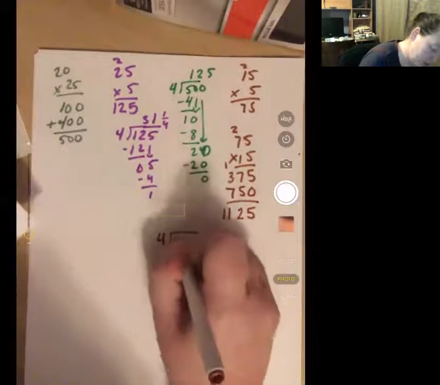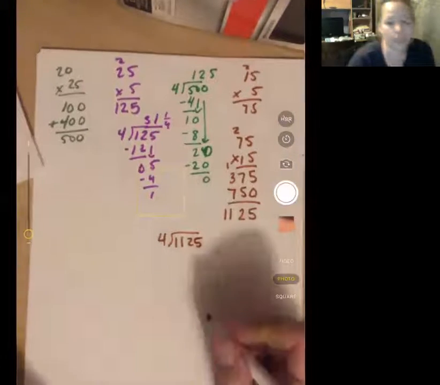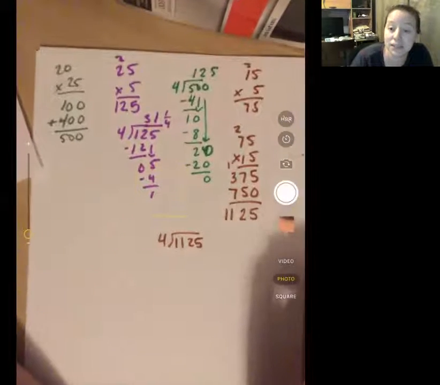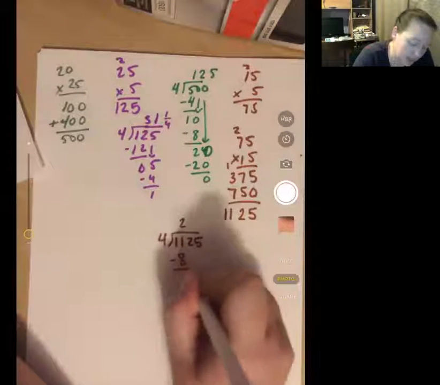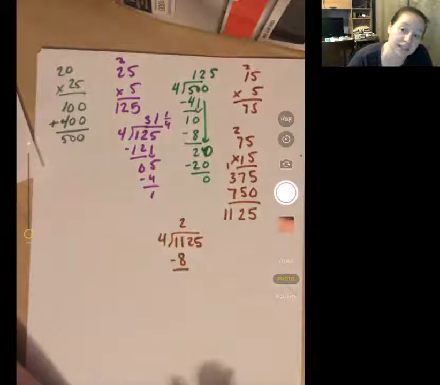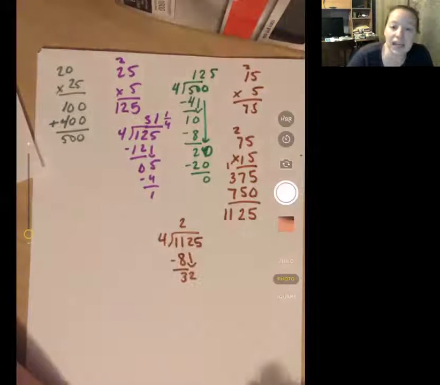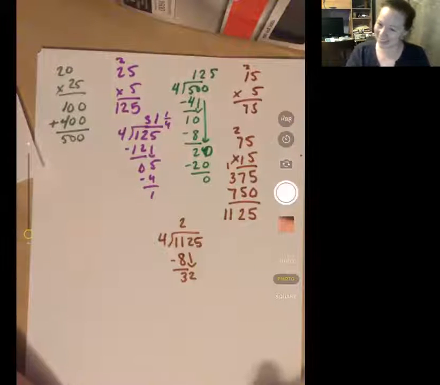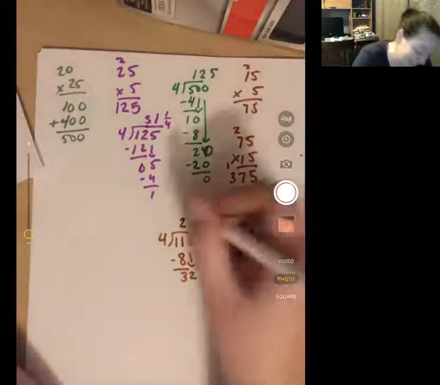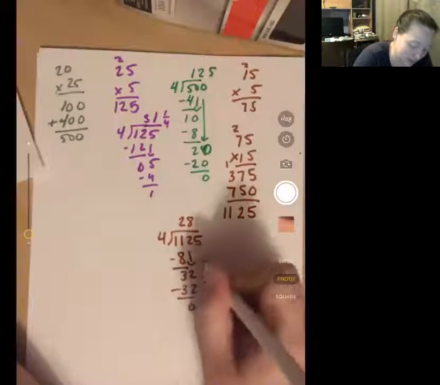4 goes into 1,125. Okay, so 4 goes into 11. How many times? Twice, because 4 times 2 is 8. 11 minus 8 is 3. Bring down the 2. 4 times what is 32? 8. 8 times 4 is 32. 32 minus 32 gives us a 0.